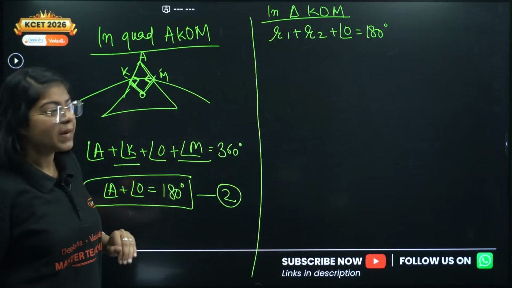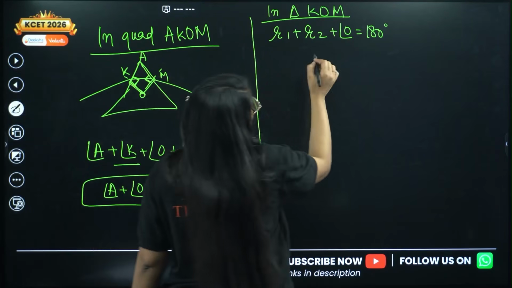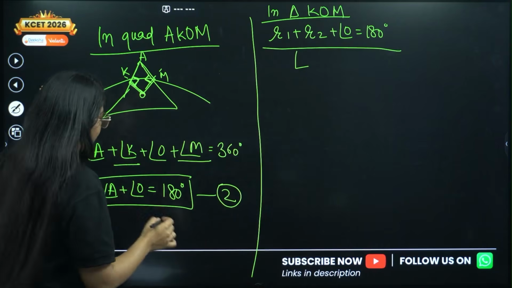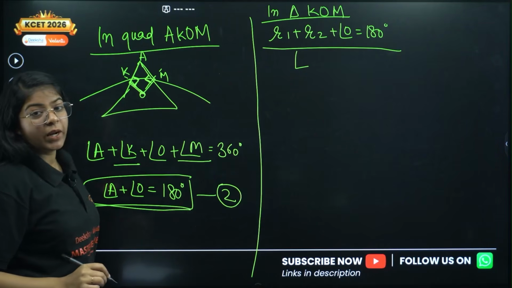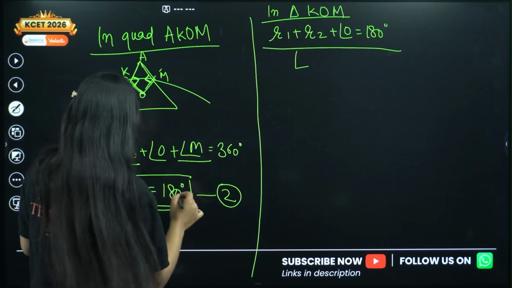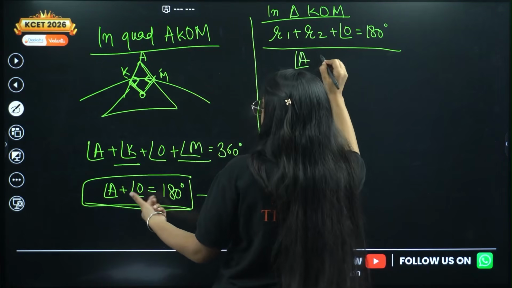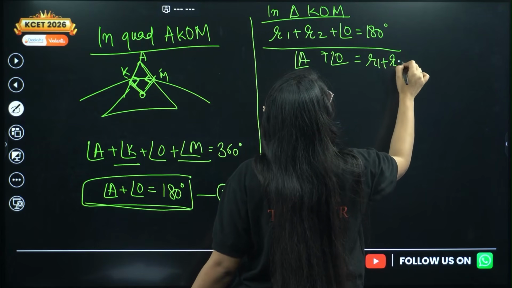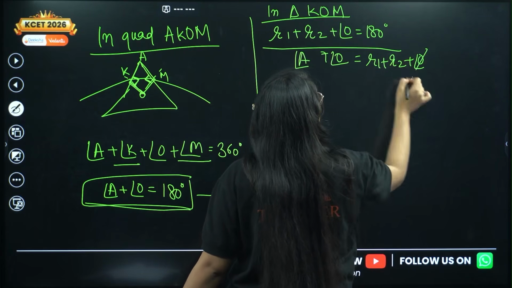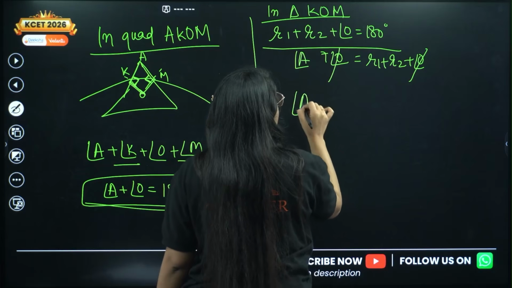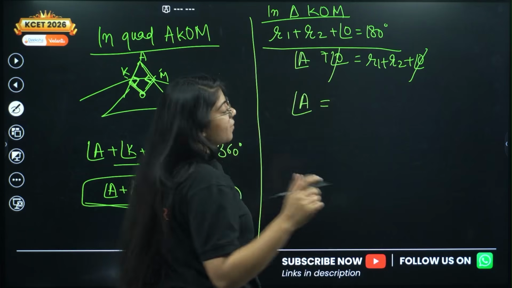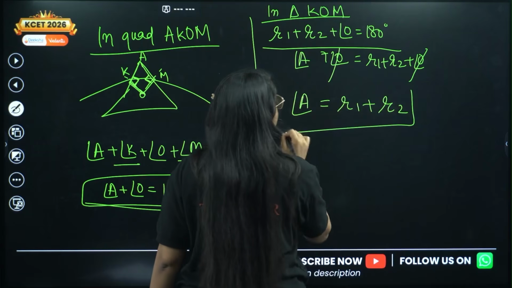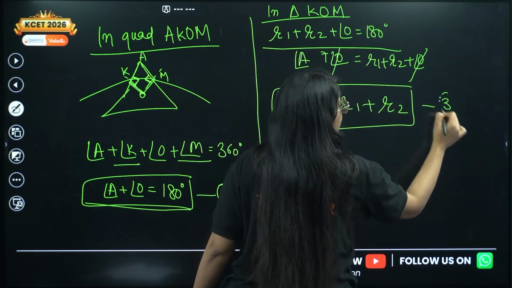We are going step by step. So this whole equation is equal to 180, and this whole equation is equal to 180, so we can equate them. That will give us angle A plus angle O equals R1 plus R2 plus angle O, correct? So angle O cancels out. Angle A, that is angle of prism, comes out to be R1 plus R2. This is my third equation.